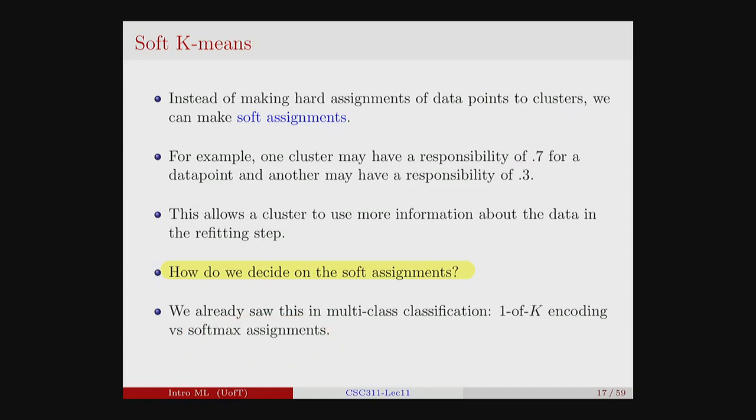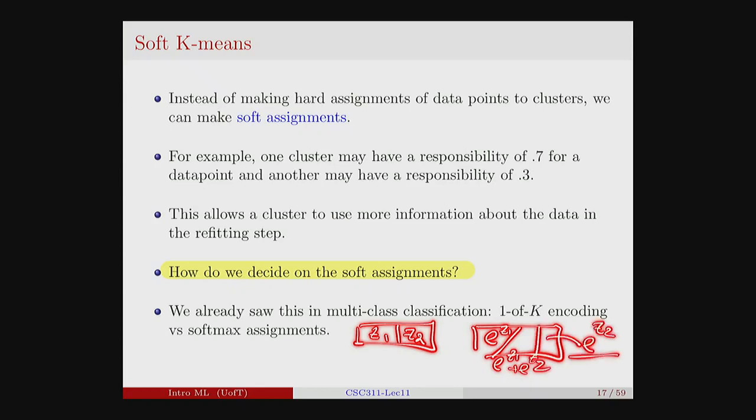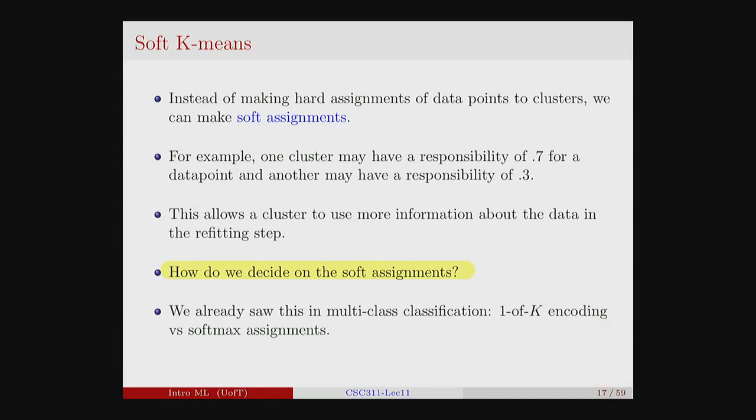The softmax function, remember, is very simple. If we had a vector z1 and z2, we would compute e to the z1 divided by e to the z1 plus e to the z2, and e to the z2 divided by e to the z1 plus e to the z2. So that's what the softmax operation actually did. It exponentiated every data point, and then it renormalized the resulting vector so that we had a vector that summed up to 1.